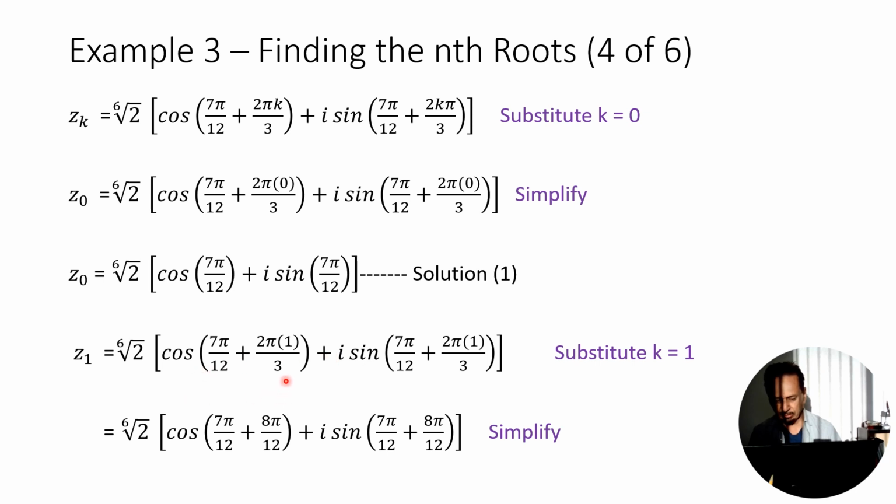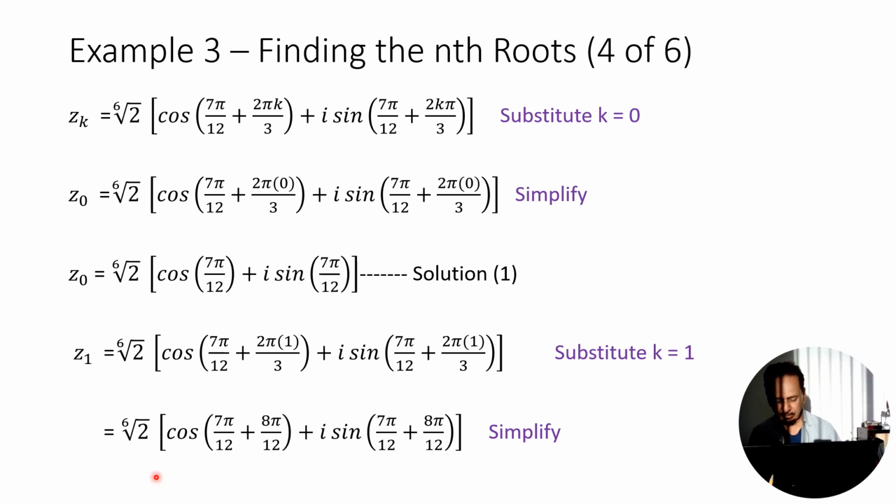So you convert 3 into 12, multiplying top and bottom by 4. So we have z sub 1 equals sixth root of 2 times cosine of 7 pi over 12 plus 2 pi times 4 divided by 3 times 4, 8 pi over 12, plus i times sine of 7 pi over 12 plus 8 pi over 12.